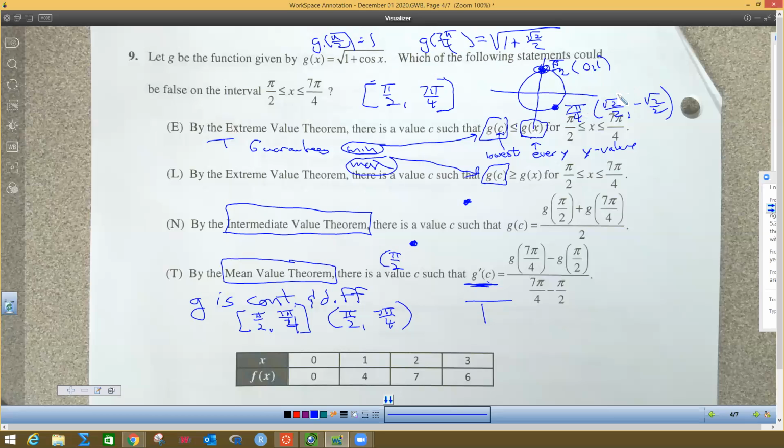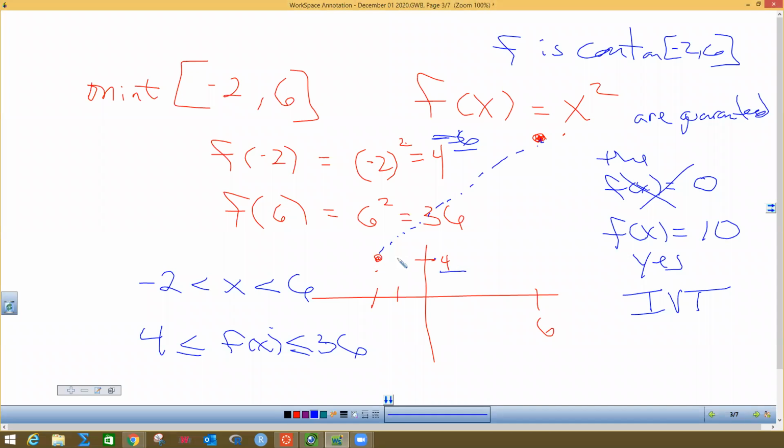So what does the intermediate value theorem tell me about the numbers between here and here? What did we just say the intermediate value theorem told us about all the values between the bottom and the top?